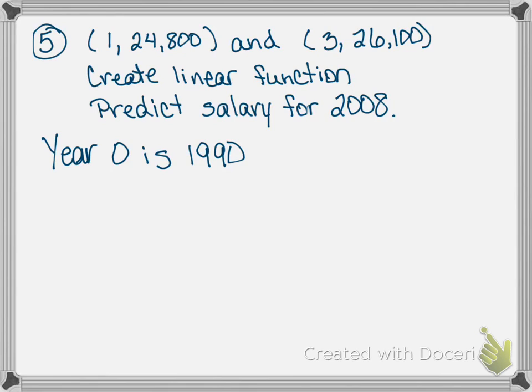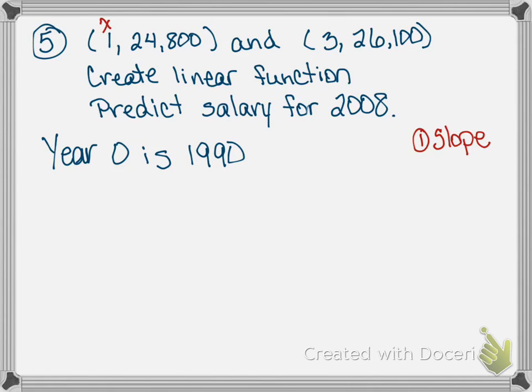So the first thing that we're going to do is find the slope. Now in this situation, the slope here is the rate of change. Rate of change and slope are words that are interchangeable. So you're finding the rate of change here, and we identify it as slope.